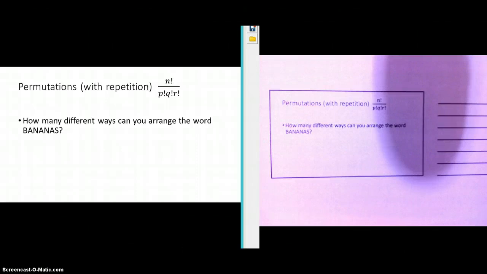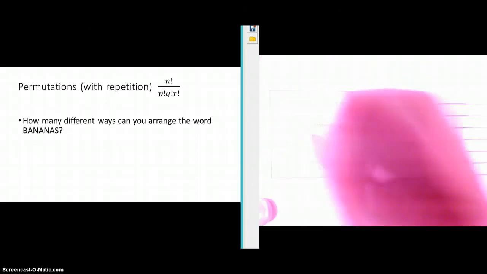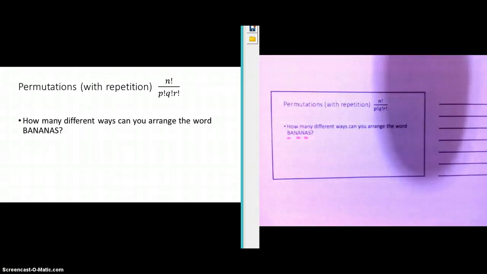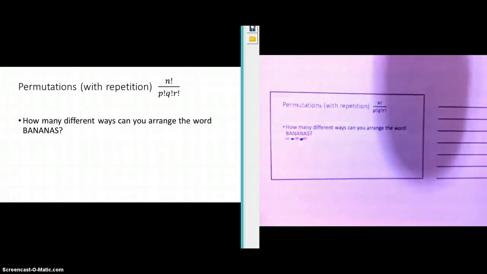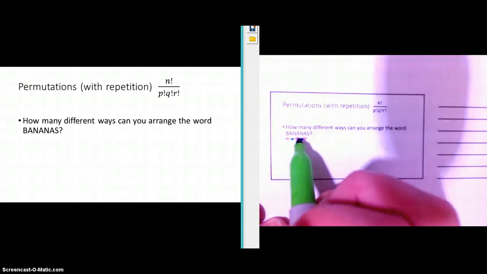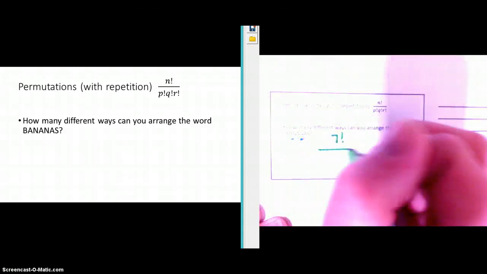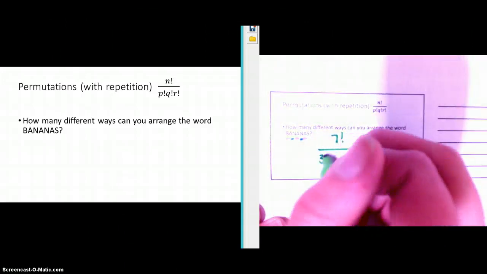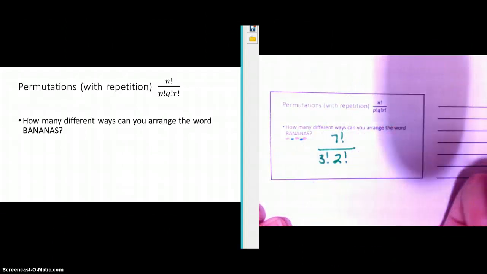Well, first of all, let's see what we have multiple of. We have 3 A's, and we have 2 N's. So when we're writing that, we'll have n factorial, which is our total number of letters, 1, 2, 3, 4, 5, 6, 7. 7 factorial over 3 A's and 2 N's.